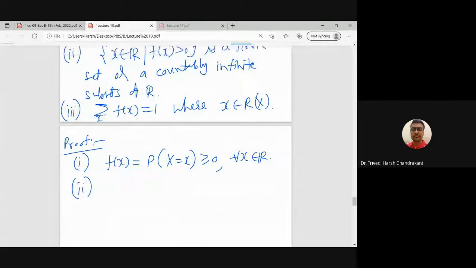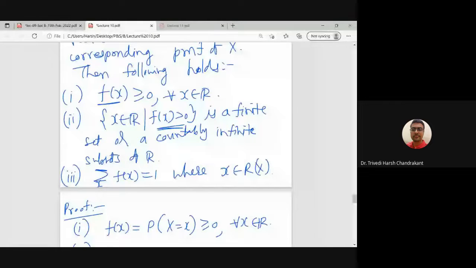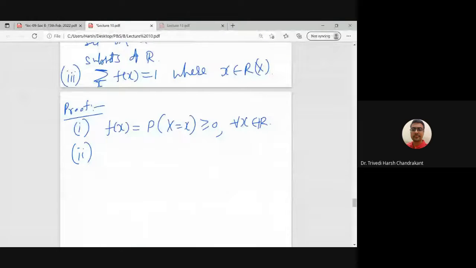The second property is that we have f(x) greater than 0. We have seen that if x is not in the range, then f(x) is 0. So we are considering all the points which are in the range, right? Because it is positive. So the set of x in R such that f(x) is greater than 0 is a subset of the range of the random variable.